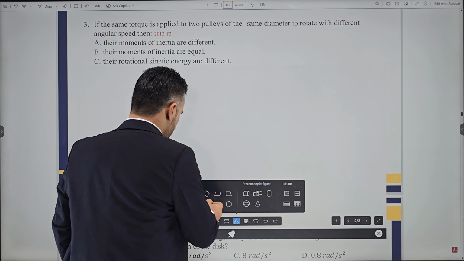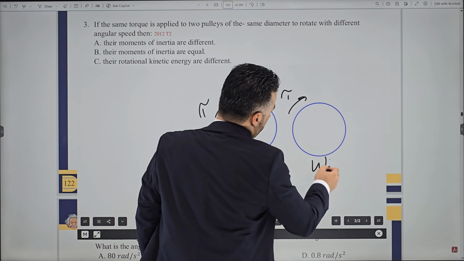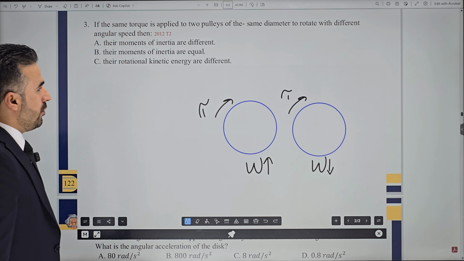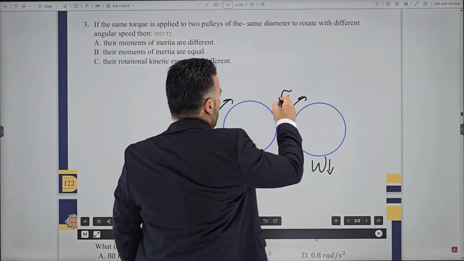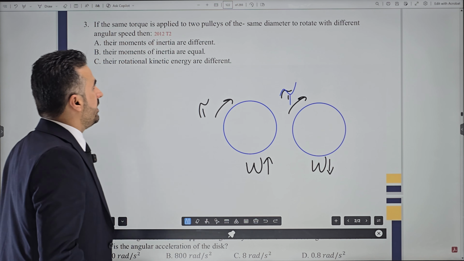That's one, and this is the second. So we are applying the same torque in each one of these, same torque. But one of them, of course, will end up having a larger angular speed than the other one here.